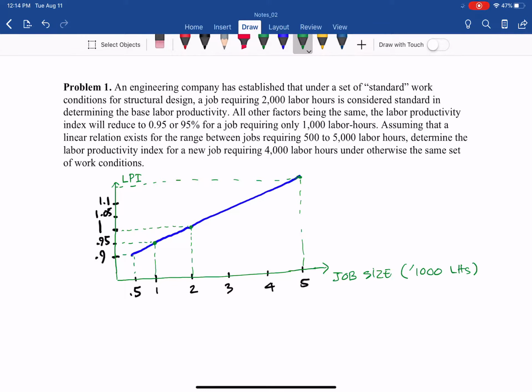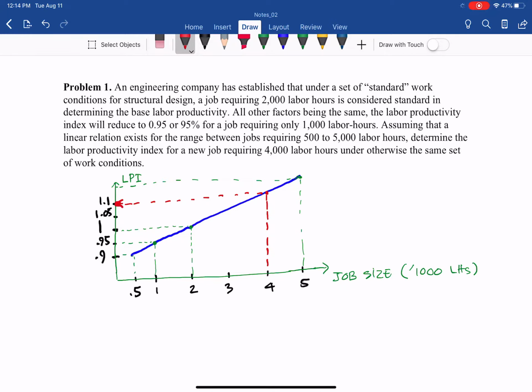Then the question asks, what is the LPI for the job size that requires 4,000 labor hours of engineering for the structural design? With that linear portion, we go from 4,000 up to the line, and then across to the vertical axis, and that happens to be 1.1. So that is 1.1.